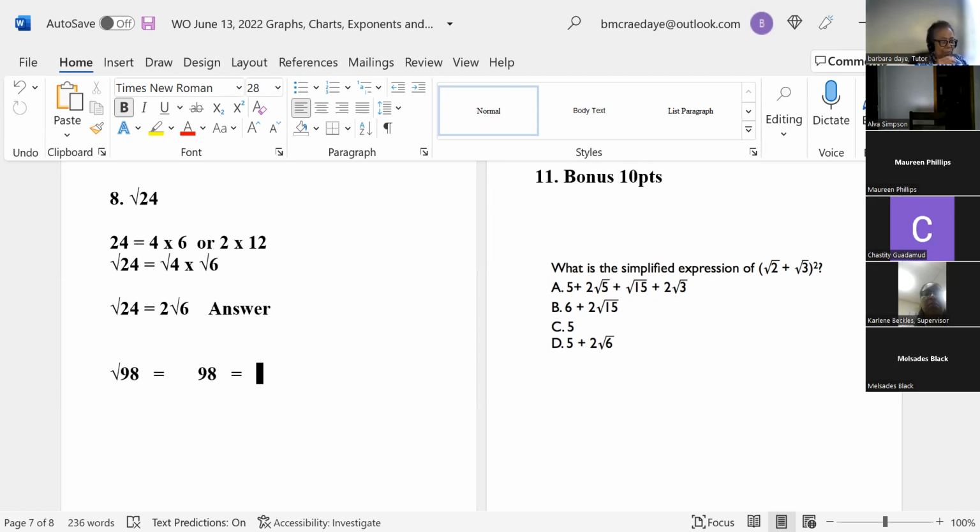In other words, 98 divided by 2 is what? I know half of 100 is 50. So what's half of 98? What's 98 divided by 2?